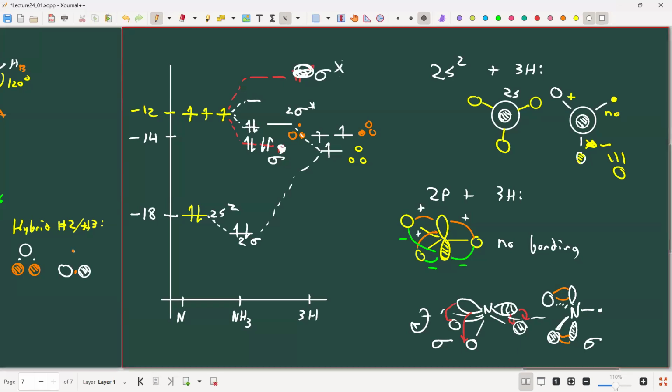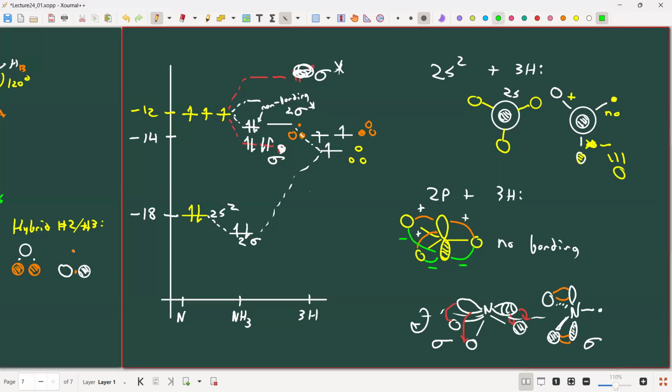Apologies. Right. So I've got 2 sigma bonds, and this right here is a non-bonding. This is our non-bonding. Right. So I have a set of unpaired electrons in a non-bonding orbital that are sitting above and below the plane of the molecule. So I have a lone pair sitting above and below the nitrogen, the hydrogens. Right? And then I have 3 sigma bonds between the hydrogens and the nitrogens.